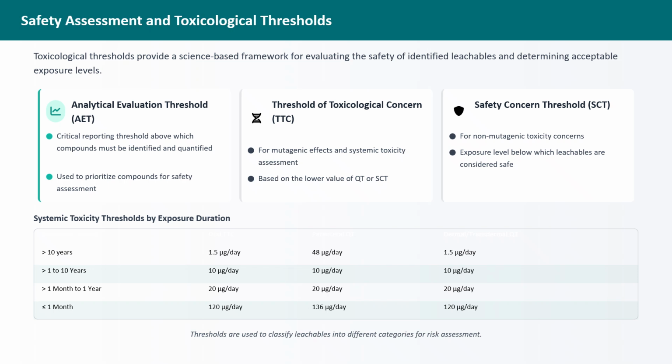The safety concern threshold, or SCT, applies to non-mutagenic toxicity. Exposure duration and route of administration are critical. What is safe for short-term exposure may not be acceptable for chronic use. This step translates analytical data into meaningful patient safety decisions.